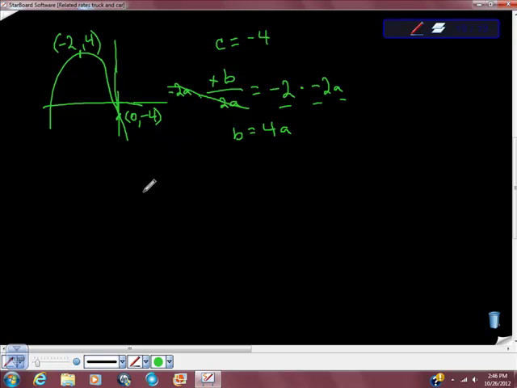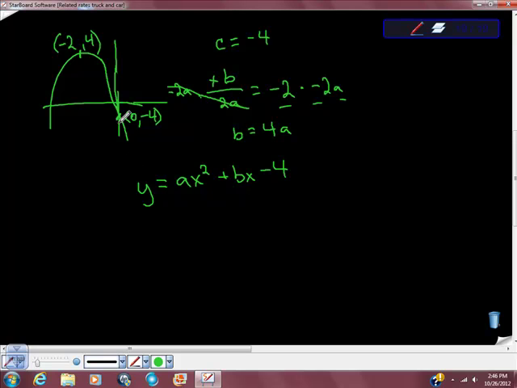Now y equals ax squared plus bx minus 4. Now, let's solve. I'm going to use the vertex as my point.